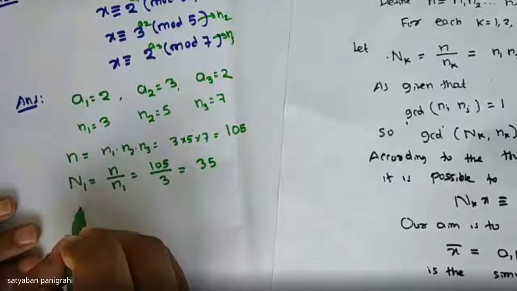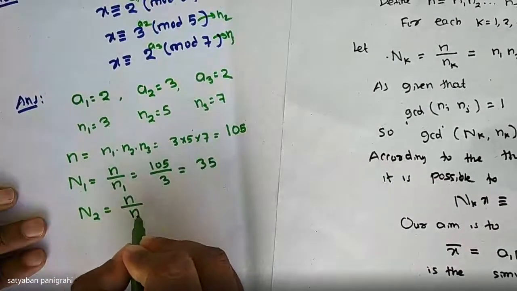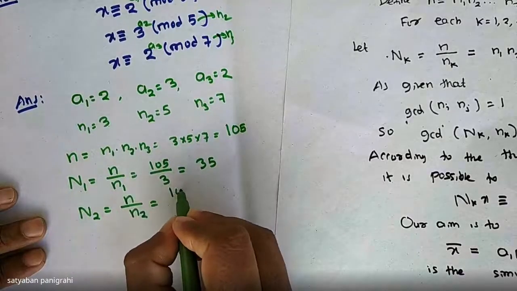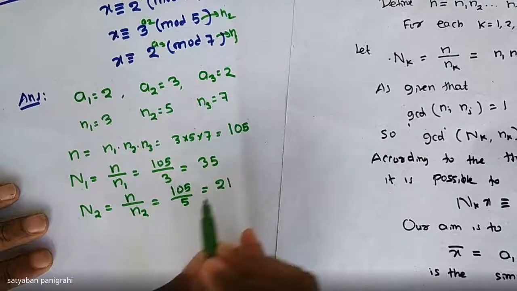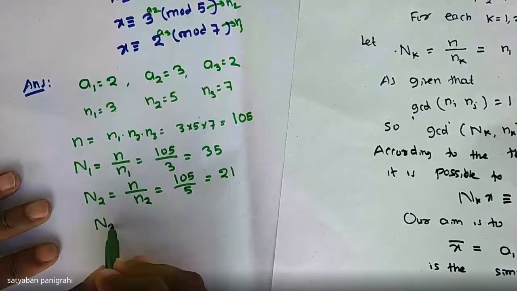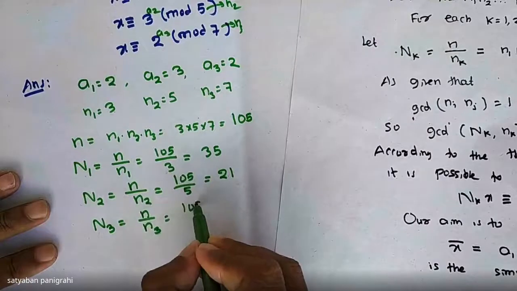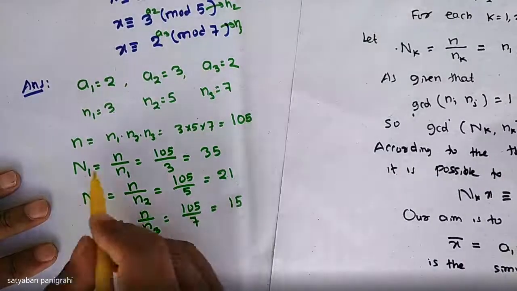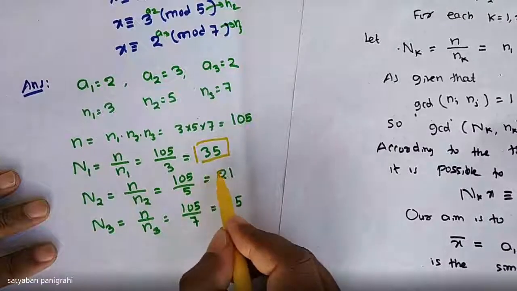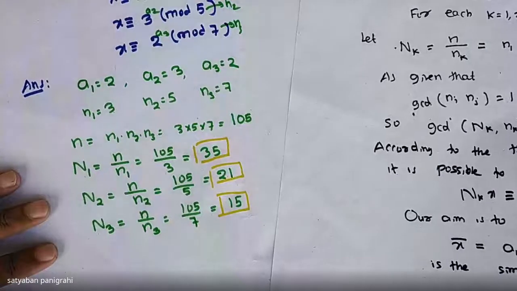Similarly, N2 equals small n divided by small n2, that is 105 divided by 5, which is 21. Similarly N3 equals 105 divided by 7, and this value is 15. That means we have N1 equals 35, N2 equals 21, and N3 equals 15. Up to this clear?